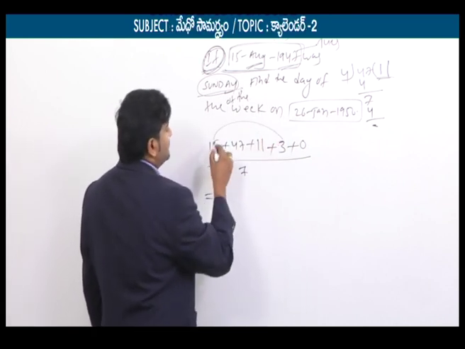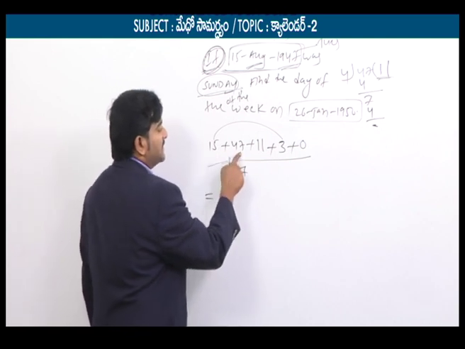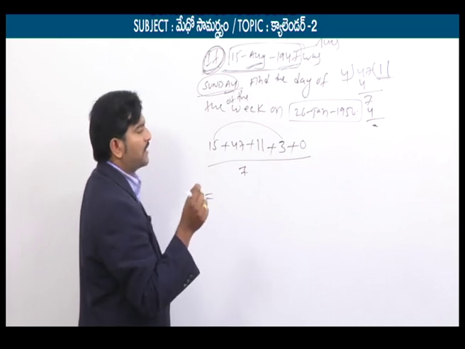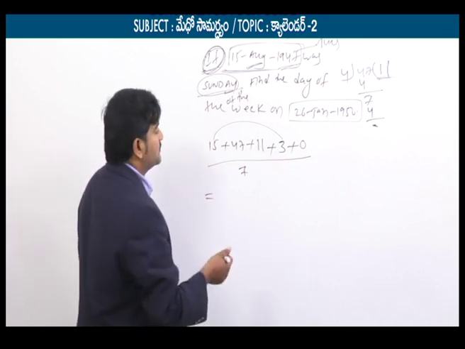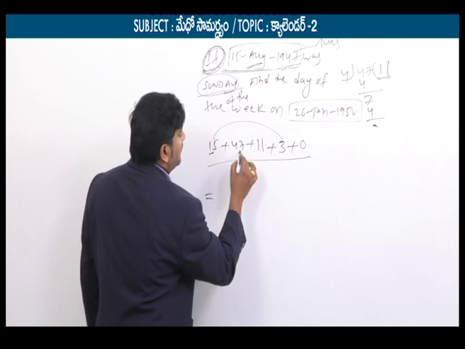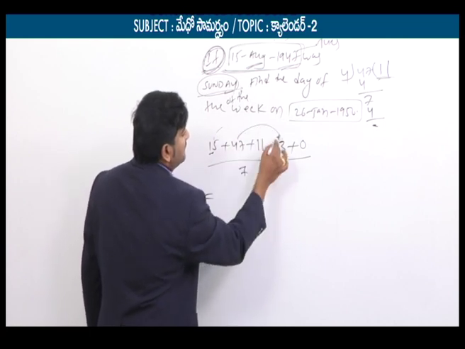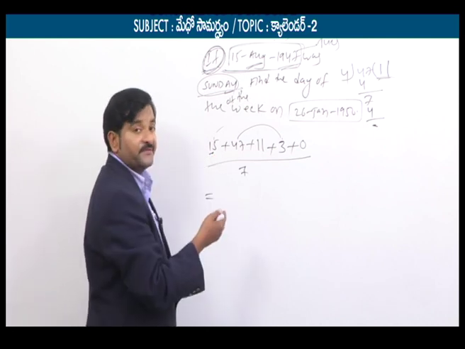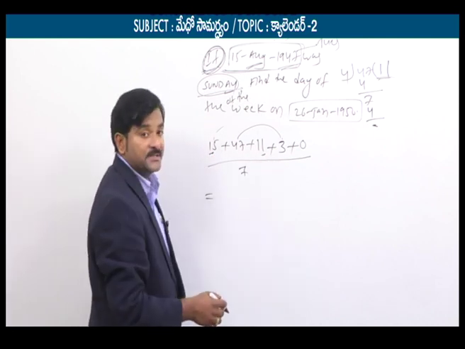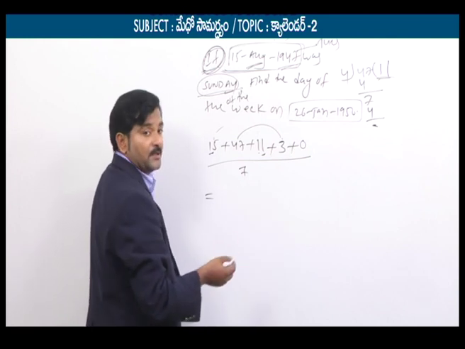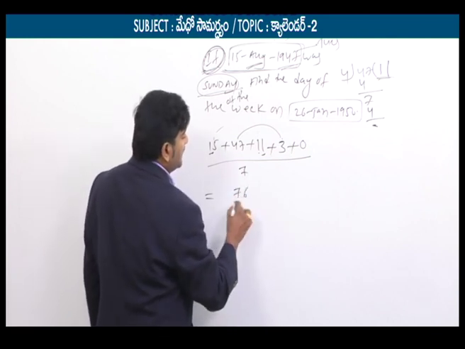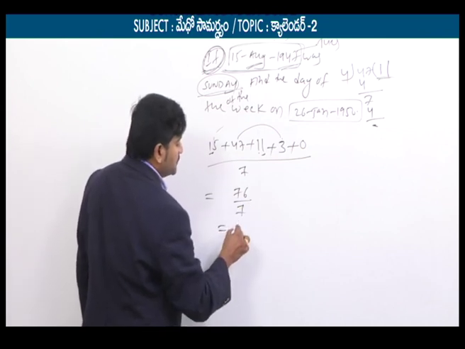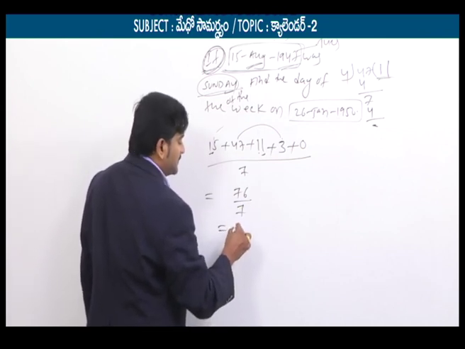So now you will simplify this. Let's say 3 plus 15. Instead of adding 15 plus 47 plus 11 in order, for convenience I am using a small trick. It's not a big trick. 47 plus 3 is 50. 50 plus 15 is 65. 65 plus 1 is 66. 66 plus 10 is 76. 76 by 7: 7 tens are 70.